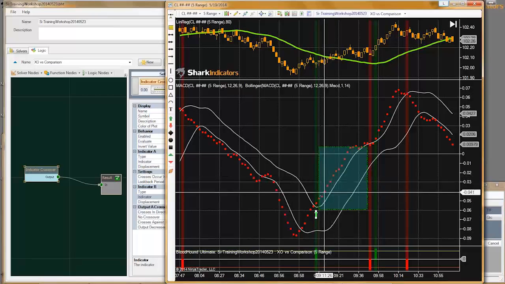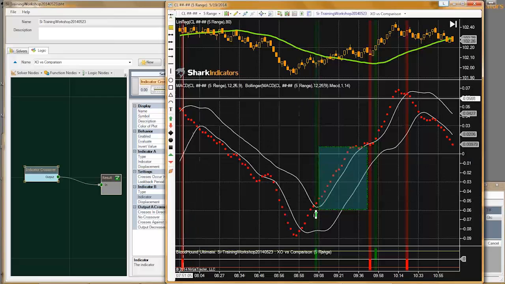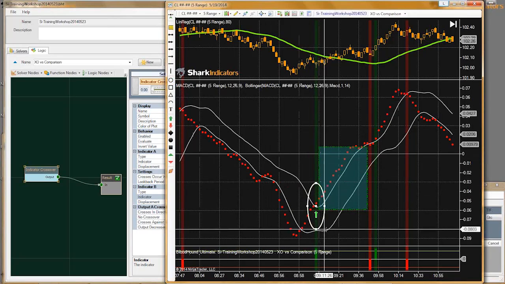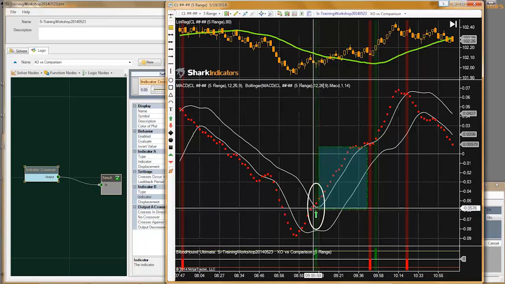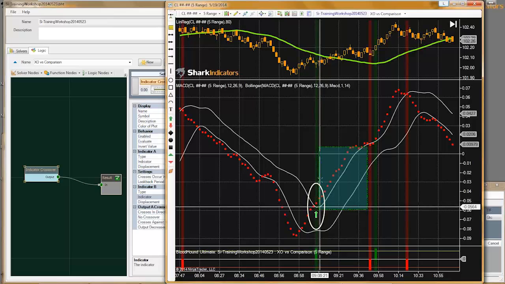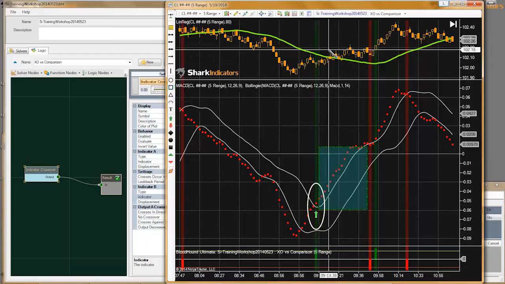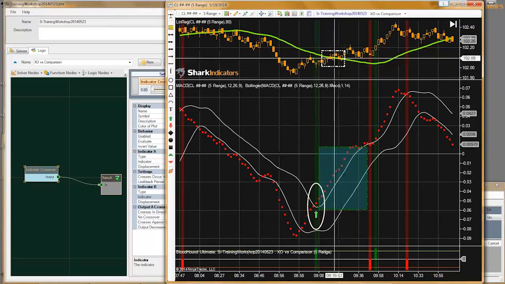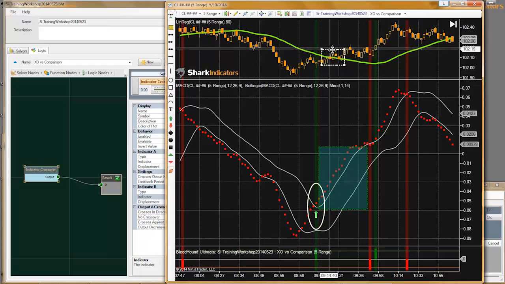So for example, let's say our rules say we need the MACD line to cross over the upper Bollinger Band, and then we need price to cross over our linear regression, like so.